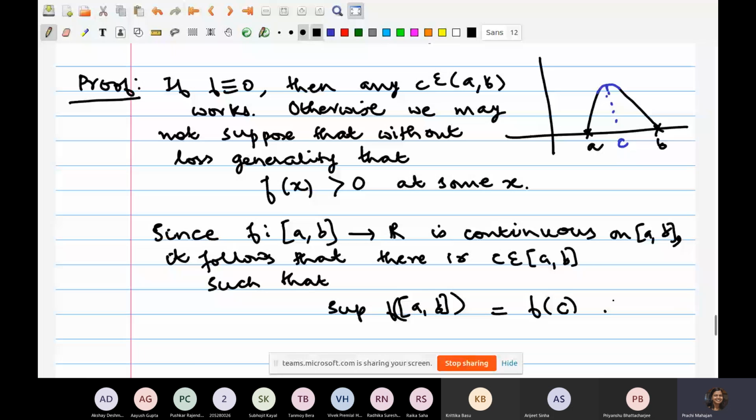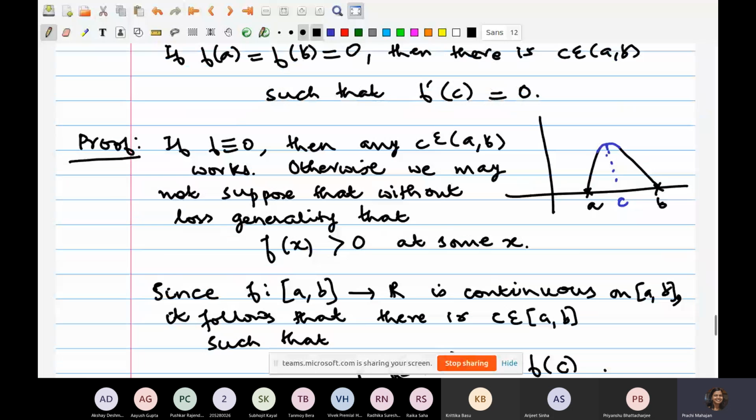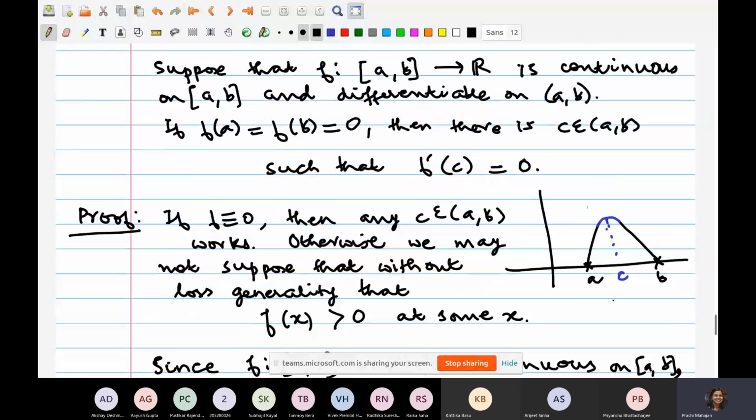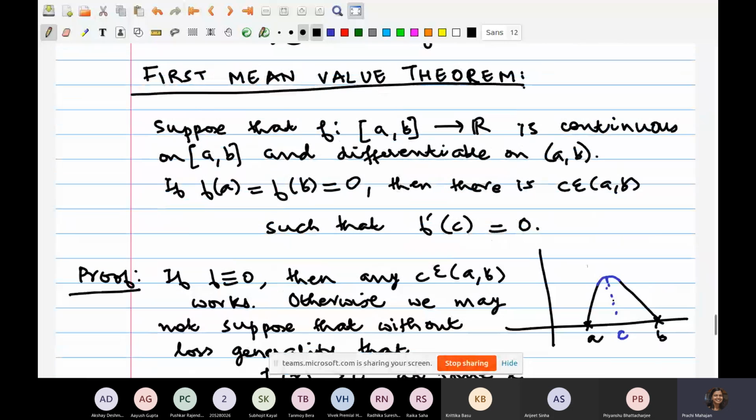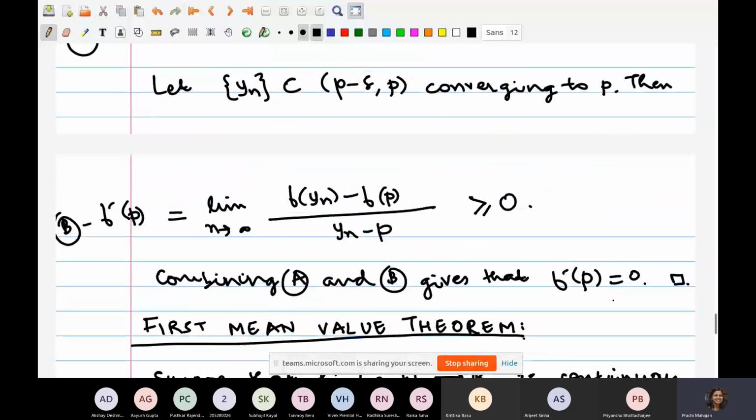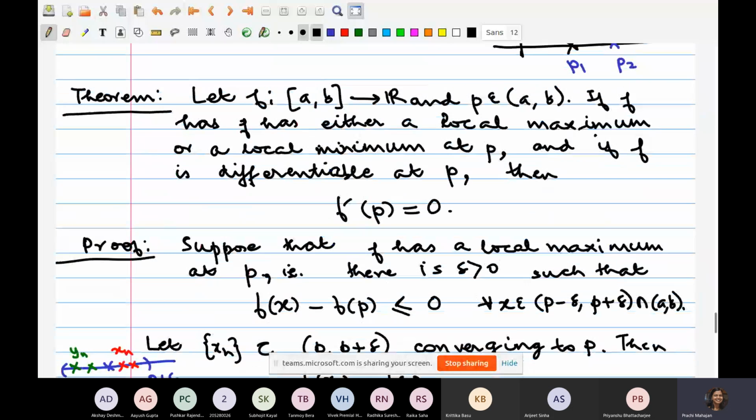See, what am I trying to do here? I have to find a point c where the derivative of f vanishes, right? So I am going to apply the little observation that I made earlier: if c is a point of local maxima or minima and f is differentiable, which it is in our case, then the derivative of f at that point has to vanish.